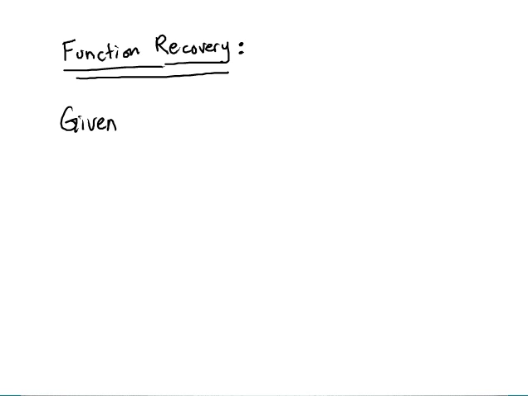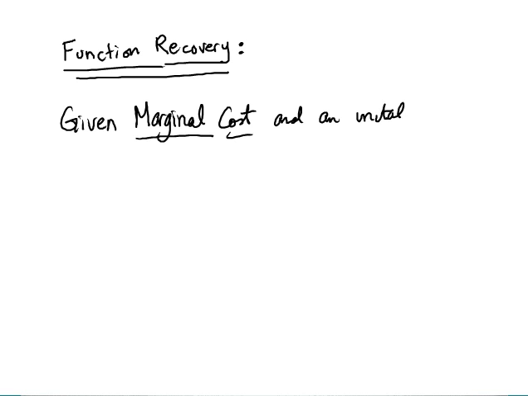So let's start with just marginal cost. Given marginal cost and an initial condition, in other words, a certain criteria that has to be satisfied. If we have the derivative of something, we can go backwards to get the original something by anti-differentiation.